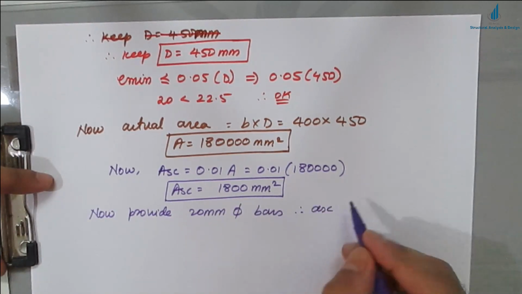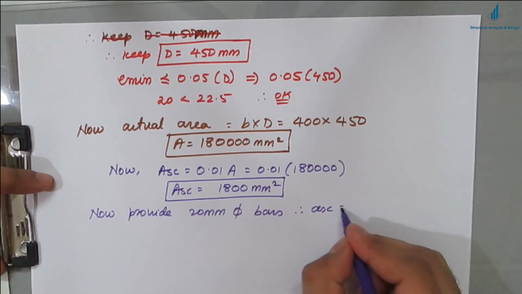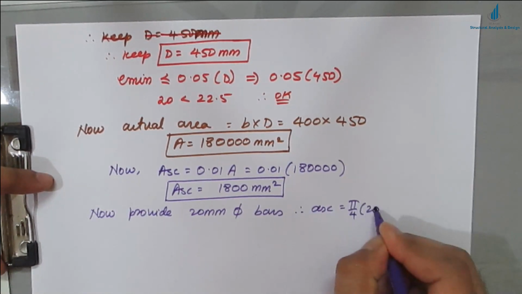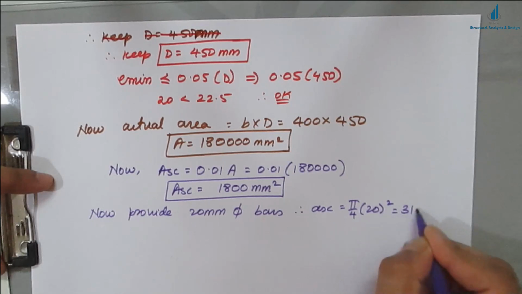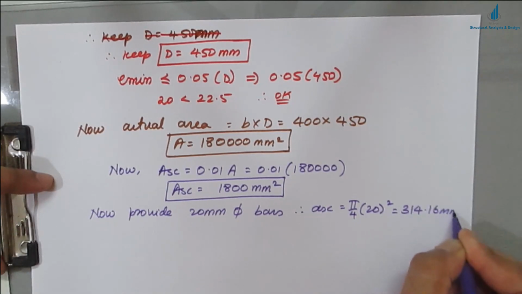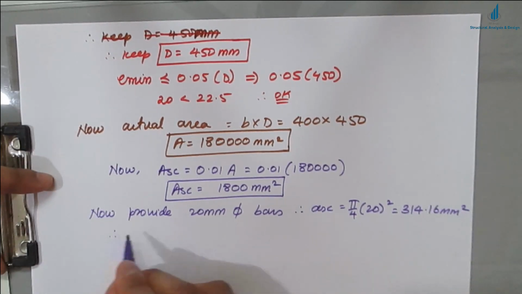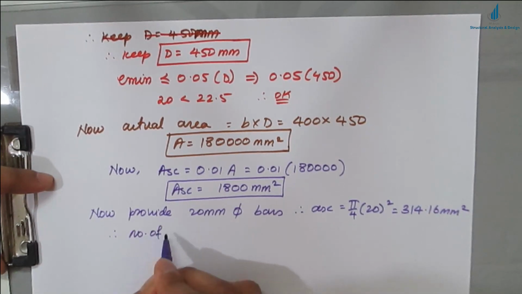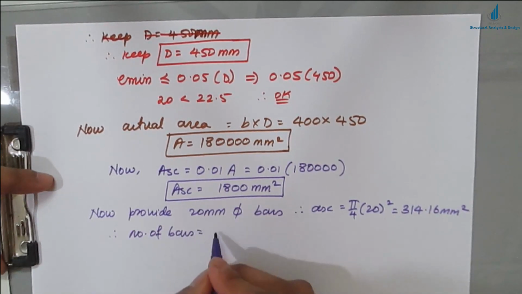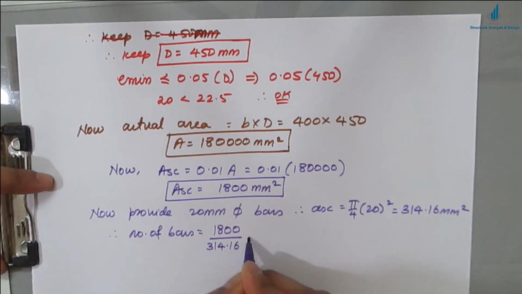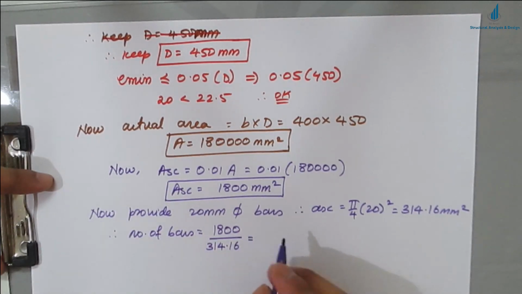Therefore, area of steel of one bar is pi by 4 into 20 square, 314.16 mm square. Therefore, number of bars equals 1800 divided by 314.16. So you will be getting 5.72 bars.